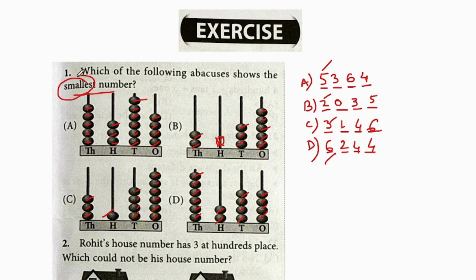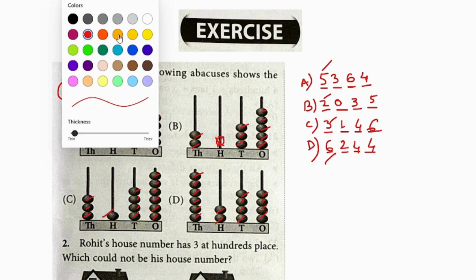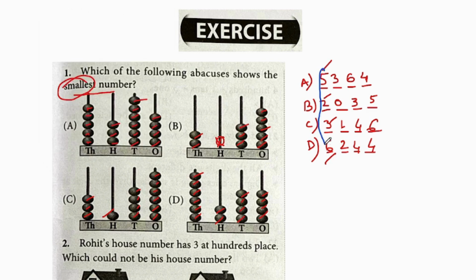You have to find the smallest number. Which is the smallest among these thousand place digits? Very obvious, 2. So option B is your answer.